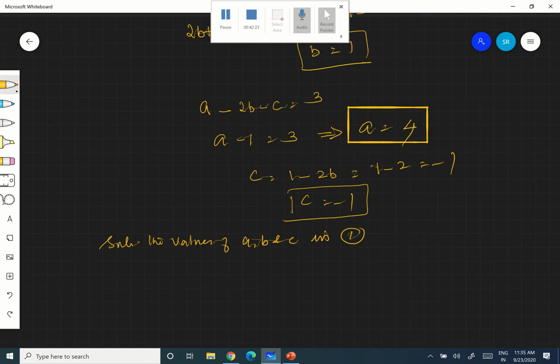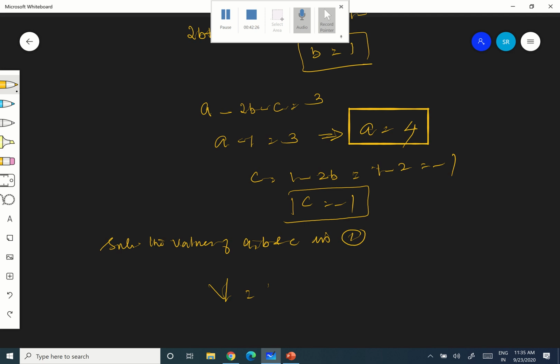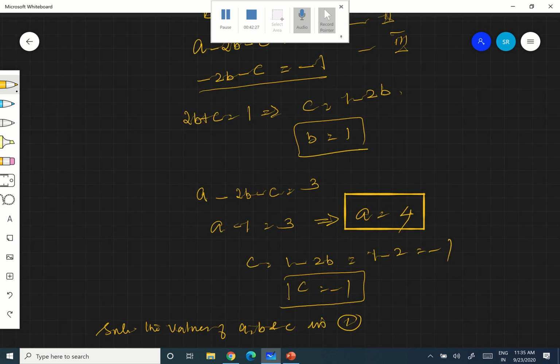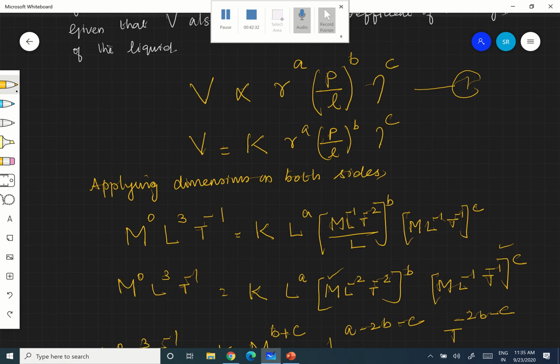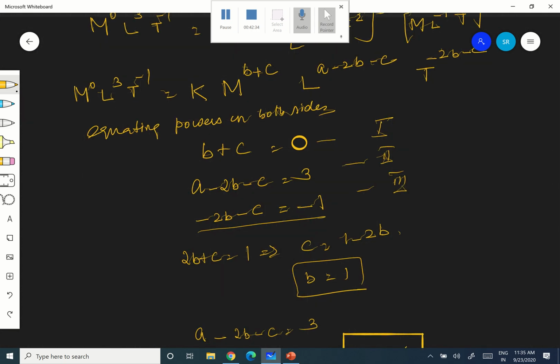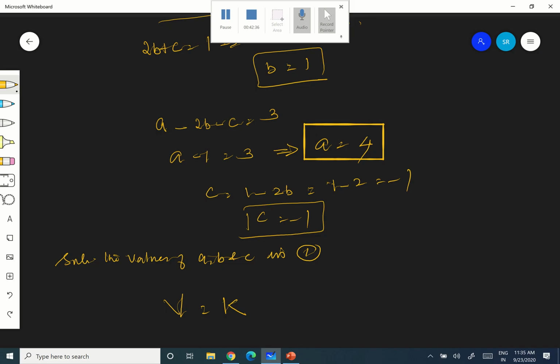V is equal to K into R power A, P by L power B. R power A, what is that? A is 4.